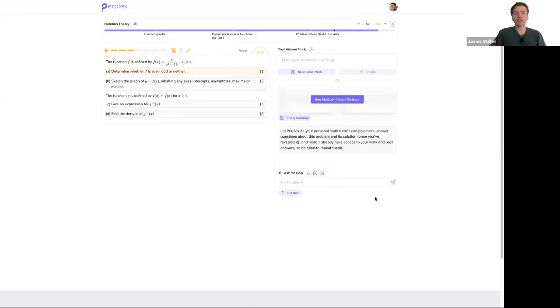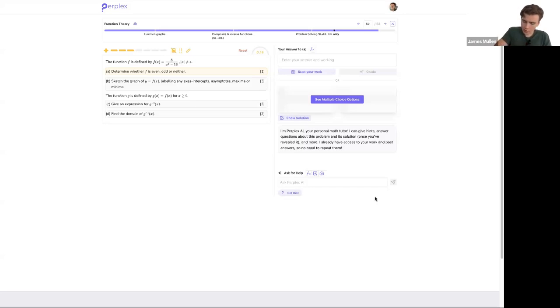All right, let's go over the solution to this problem. I have a function f of x equal to 8 over x squared minus 16. And in part A, I'm trying to determine whether f is even, odd, or neither. I can tell by looking at this that the only dependence on x is x squared, which means whatever I plug in negative x, it's going to become squared and it's not going to make a difference.